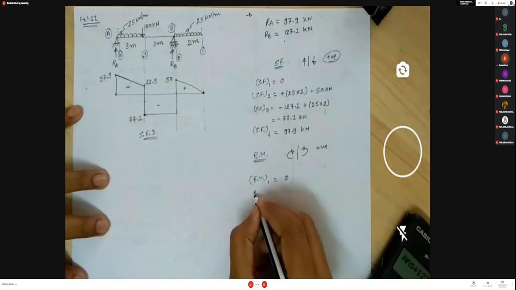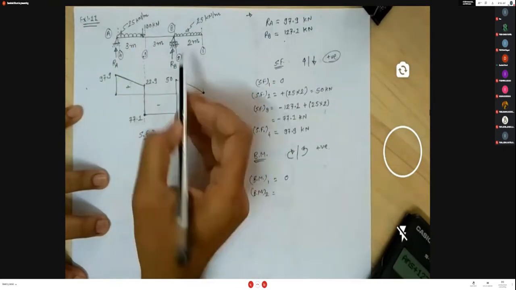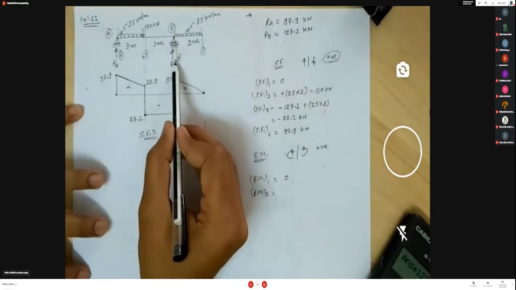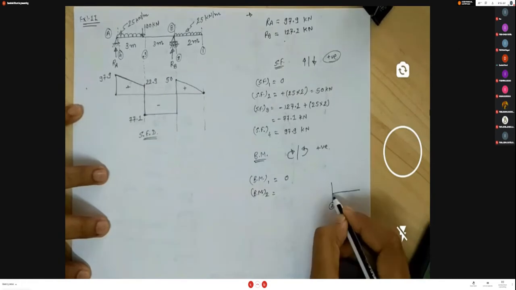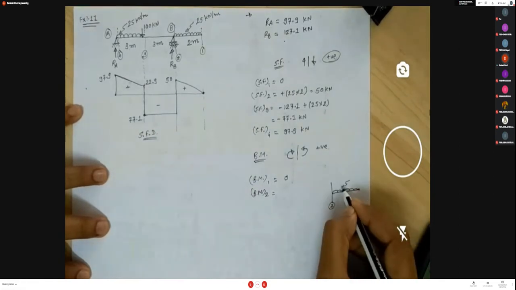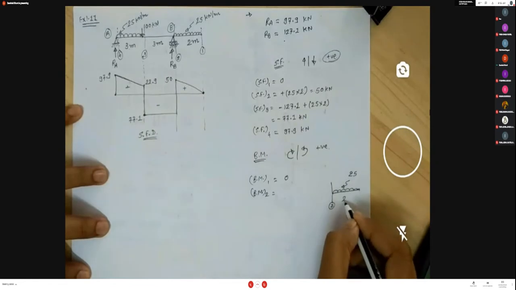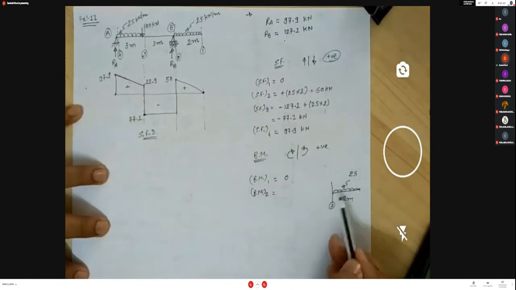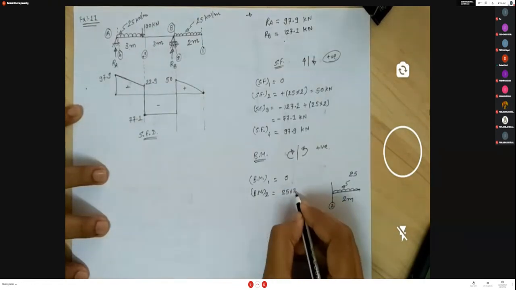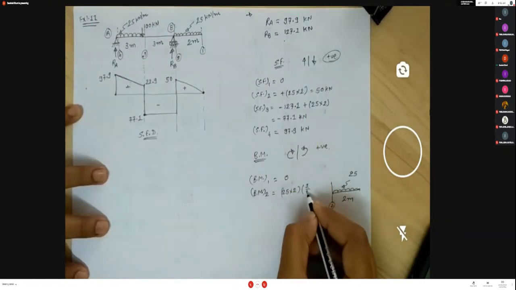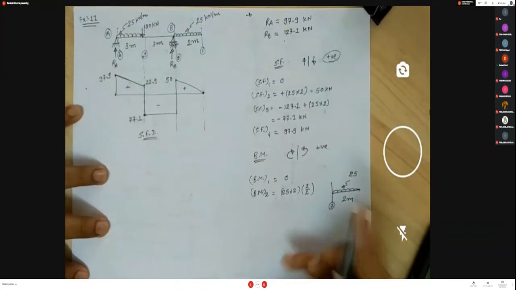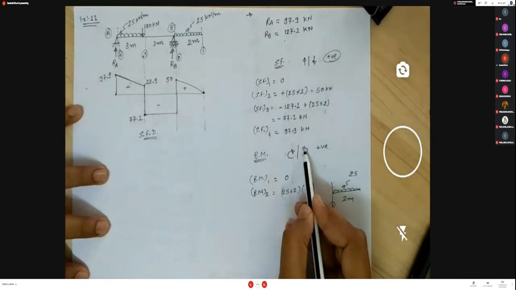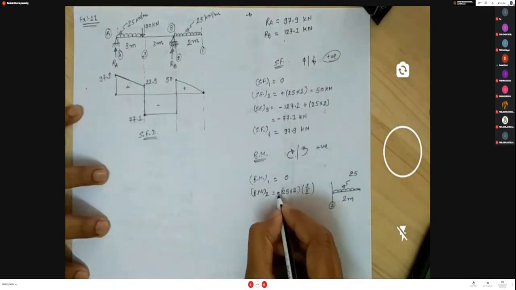Now consider bending moment at section 2, means here. Here on the right hand side there is only one loading, 25 for a 2 meter span. So the moment about section 2 is 25 into 2, into 2 by 2. Okay? And this moment is clockwise, and on the right hand side our sign convention is anti-clockwise positive. So this moment is negative.